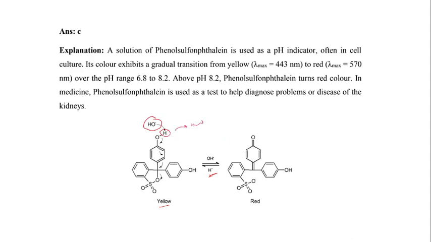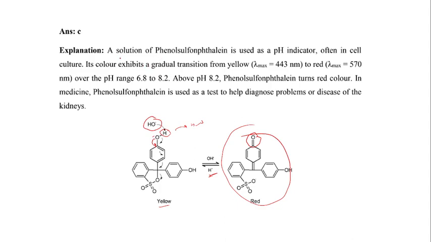Then this oxygen will be negative and react here, so a double bond will be formed. All these things will be adjusted, finally this bond will break, and the red form results. This is a little bit more typical chemistry, so you need to understand this. It is only memory based, you can say.